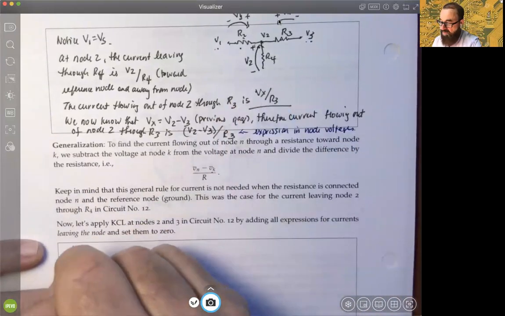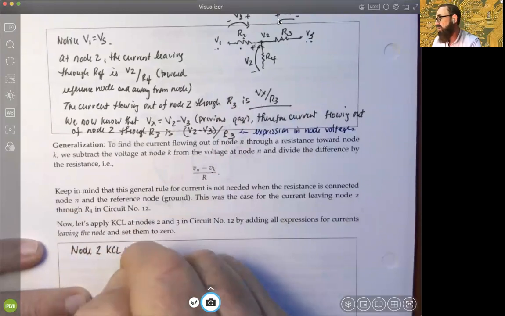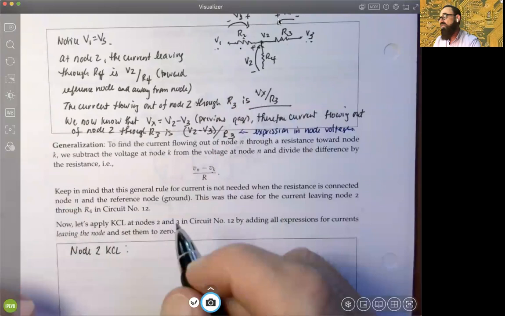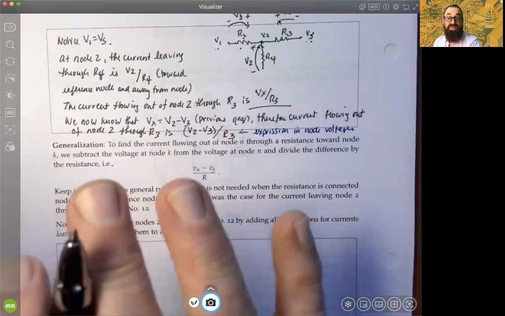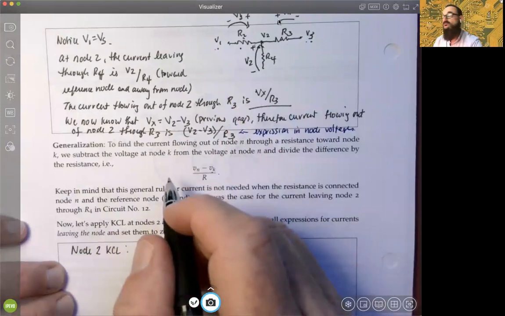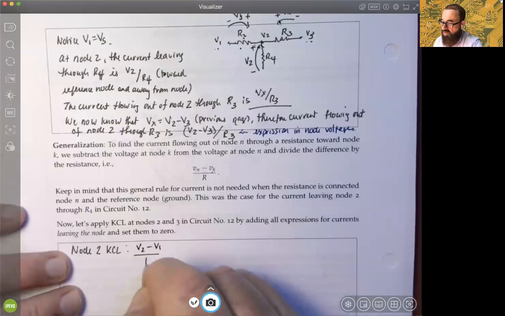Node 2, KCL. What will we have? We're representing currents at node 2 using the strategy above. You've got 3 components because you have 3 currents coming out of that node. One of them would be through R2, and you would start at V2 minus V1 over R2.